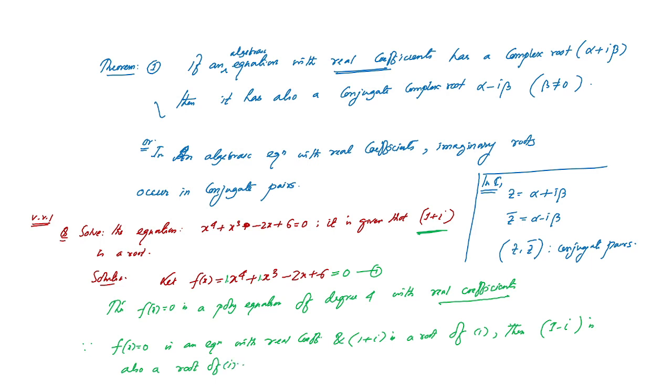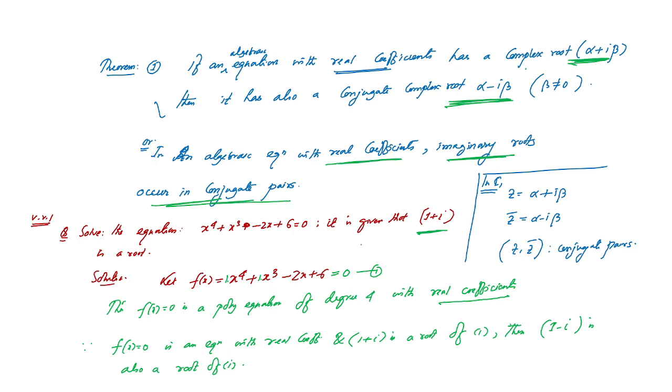So from one given complex root, we get another complex root, 1 minus iota, because we said if alpha plus I beta is a root, then alpha minus I beta is also a root, because the algebraic equation has real coefficients and imaginary roots occur in conjugate pairs.